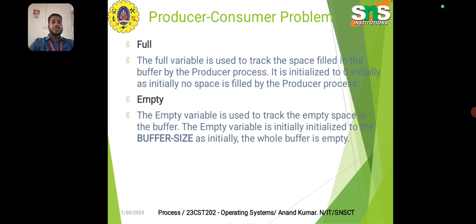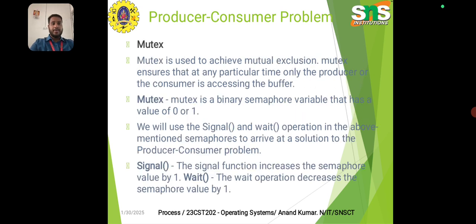The full variable is used to track the space filled in the buffer by the producer process. It is initialized to 0, as initially no space is filled by the producer process. The next is empty. The empty variable is used to track the empty space in the buffer. It is initialized to the buffer size, as initially the whole buffer is empty.